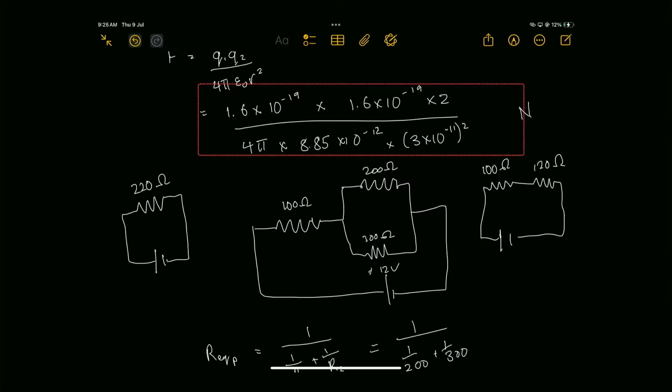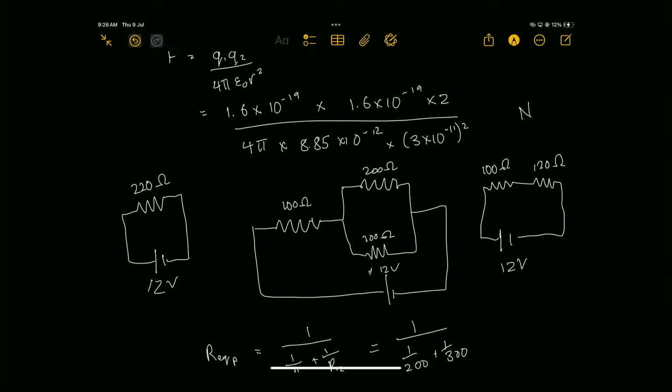Now, to actually calculate the current flowing through them, we look at their combined resistance, right? So the equivalent resistance. So we look at the diagram on the left. So we have the 12 volts here.